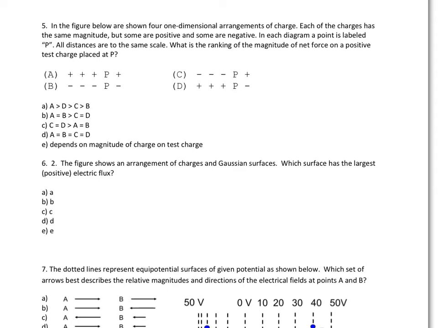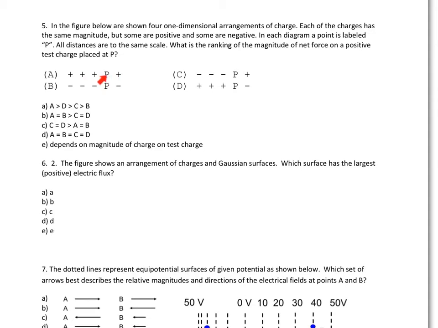So let's do some side-by-side comparisons. That's kind of the way I like to do it. First of all, I can see immediately that the magnitude of the force does not depend on the sign. Switching the sign here from all plus to all minus merely ends up switching the direction of the force on P. One way to think about it, you've got this guy and this guy.